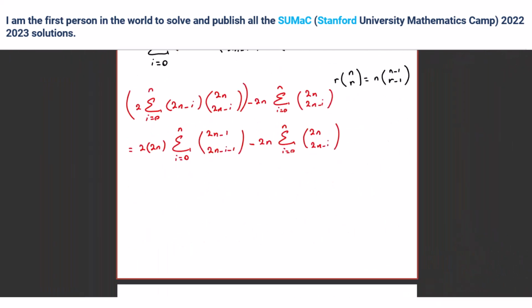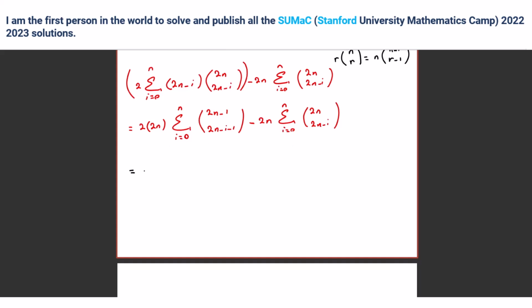Let's check this one. The first one is 4n times 2n minus 1 choose, for i equals 0, it would be 2n minus 1, right? Plus 2n minus 1 choose 2n minus 2, all the way to 2n minus 1 choose n minus 1, right?